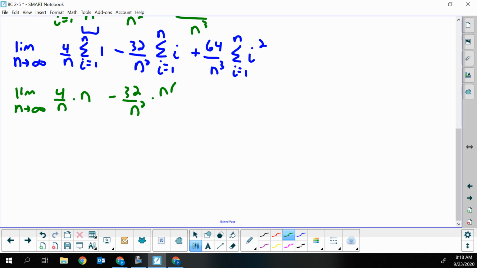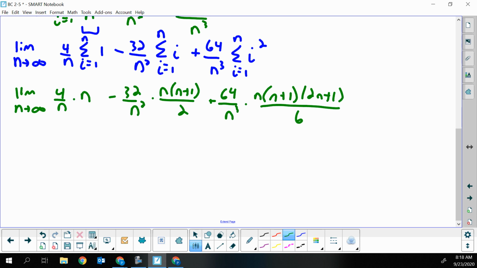So we'll have times n plus 1 over 2. And we'll have 64 over n cubed. Our i squared formula, that's the longest one. You've got n times n plus 1 times 2n plus 1, all over 6. So we don't have any summations anymore, which is nice. But we have some things we have to neaten up.